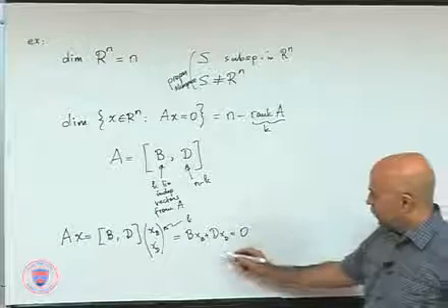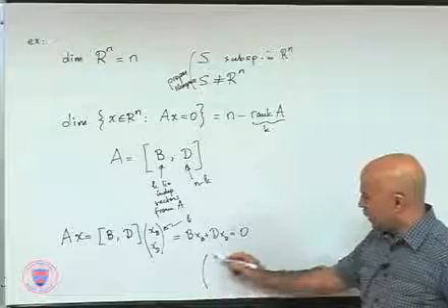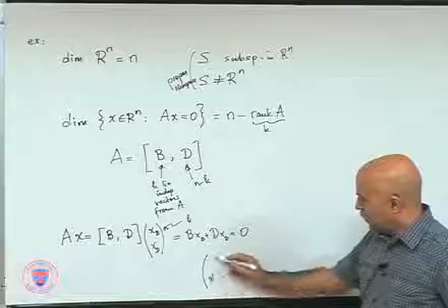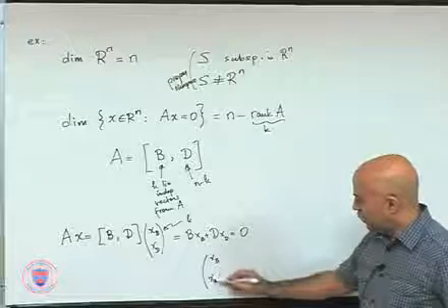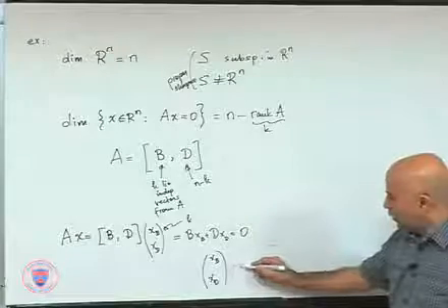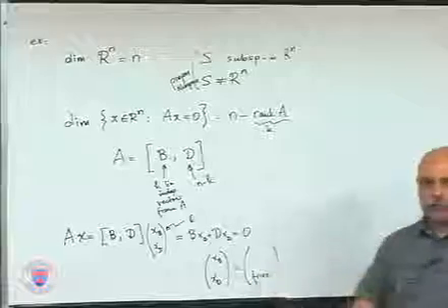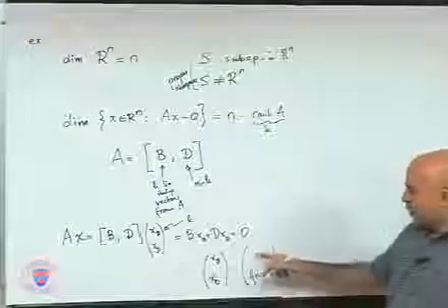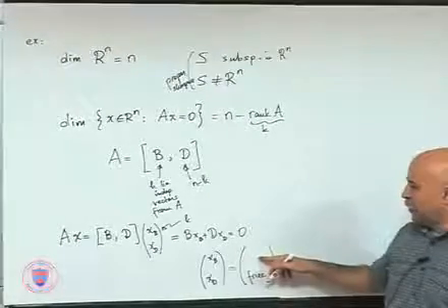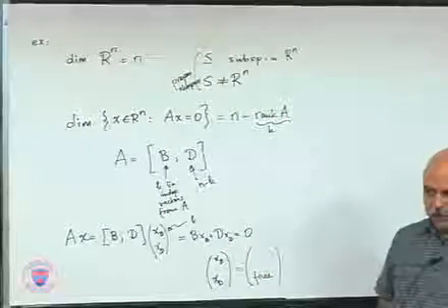So, in solving this system, I'm looking for a vector XB, XD, where XD can be freely picked. So XD portion can be freely picked. And what am I supposed to have for XB when I pick XD in whatever arbitrary way?